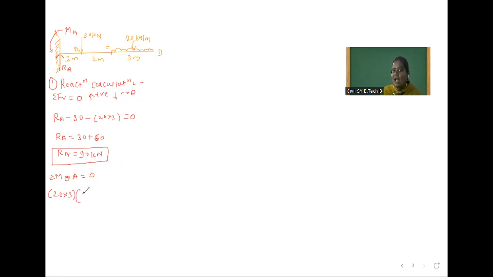After that, it will act at 3 by 2 plus this 2 meter plus 2 meter, that is 4 meter. After that, this 30 kilonewton again creates clockwise moment, so 30 into 2, and this MA is anti-clockwise, so minus MA, which is equal to 0. We shift this MA to the right side. So MA is equal to how much? Calculate and tell me.